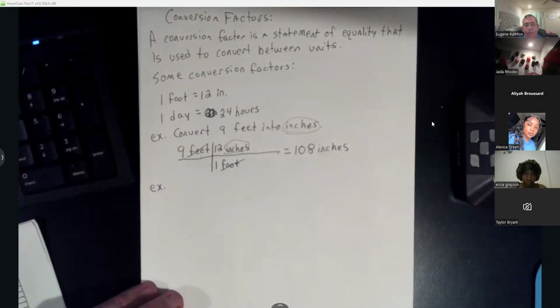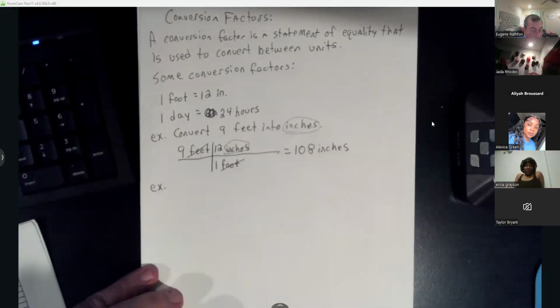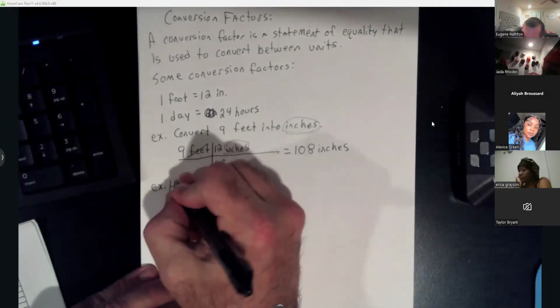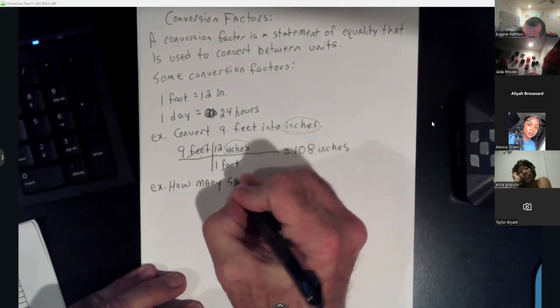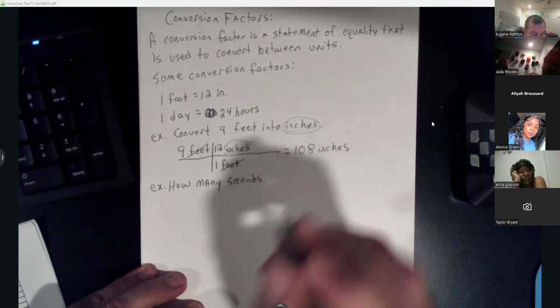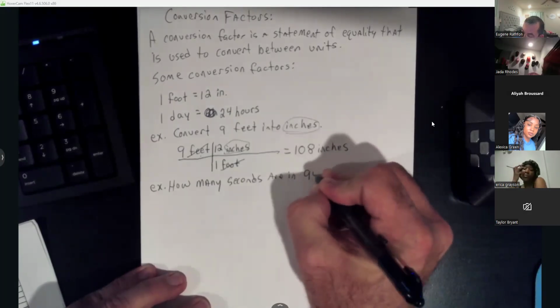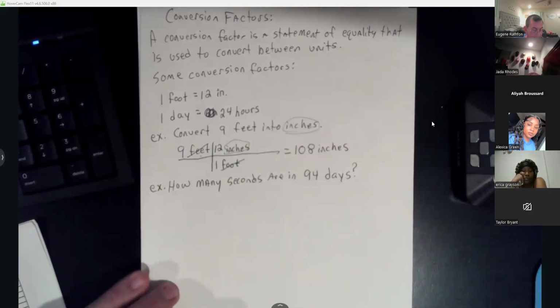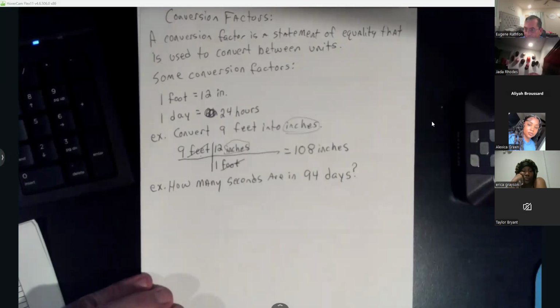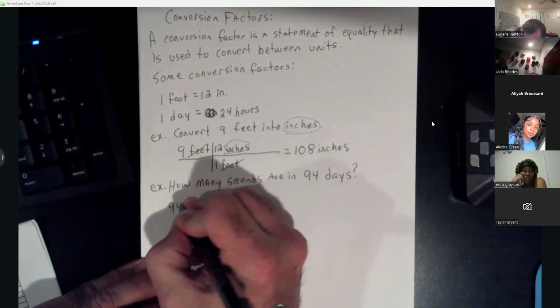So let's try this one. Now, this one will take a few different conversions, but I want to know how many seconds are in 94 days. So I'm starting with this 94 days.